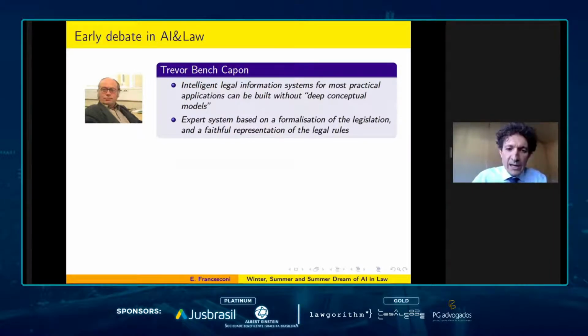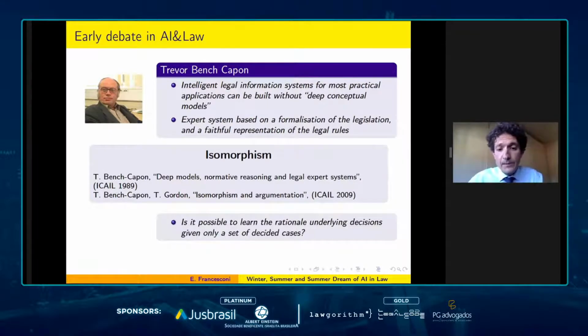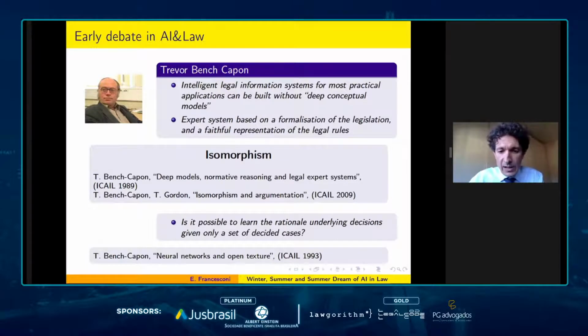That's why he introduced a key concept, which goes under the keyword isomorphism. Moreover, he tried to identify the possibility to learn the rationale underlying decisions given only a set of decided cases. And he wrote an interesting paper in ICAIL 1993 in this respect.